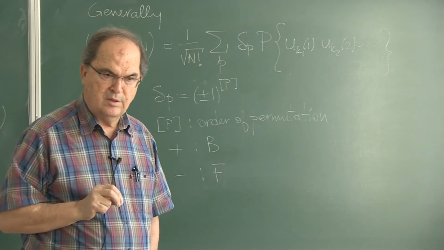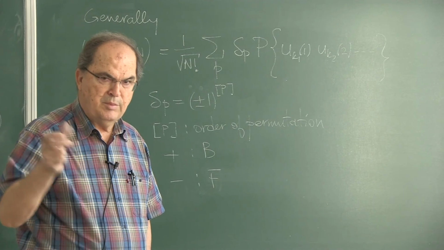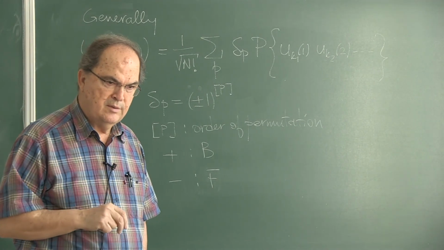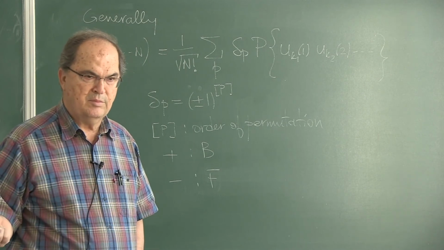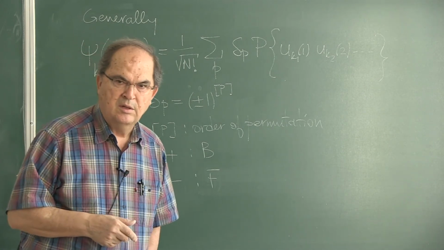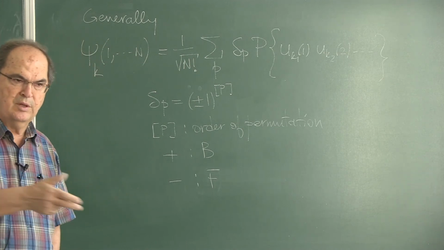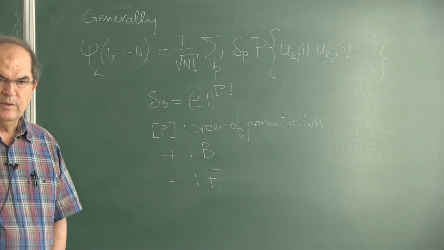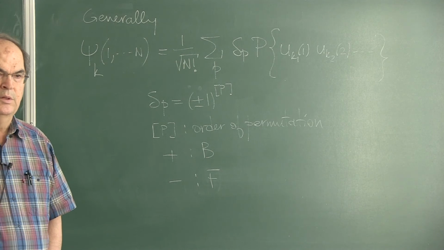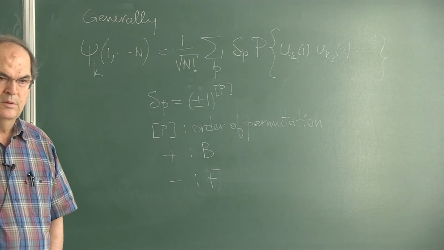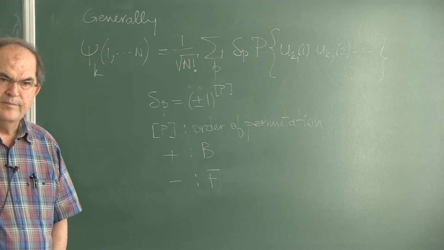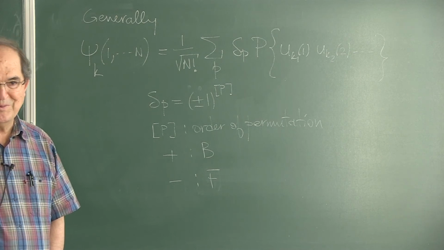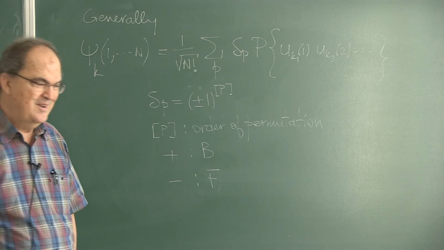Average occupation number. How many particles do we have in a state? We know in fermionic systems it is either empty or 1 particle. For bosonic systems we can put any number in. But what is the average value? Do you know the answer to this question? You know, of course, but you don't remember.